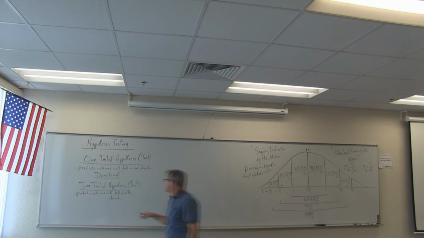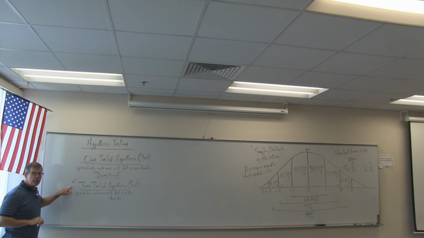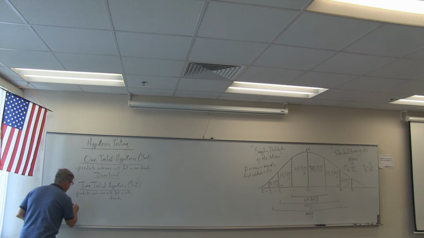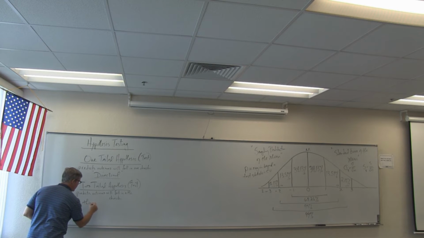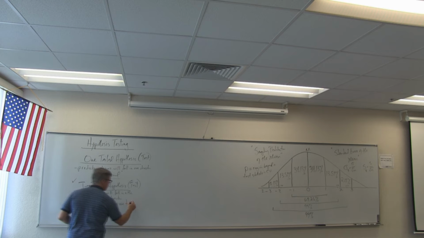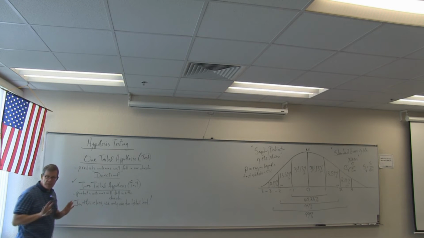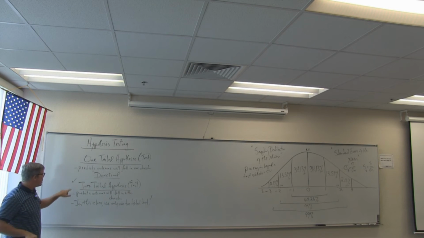This makes a lot more sense, and in this class, we only use two-tailed tests. I have my reasons for it. At this point in the semester, all I can tell you is this is much more scientifically credible.